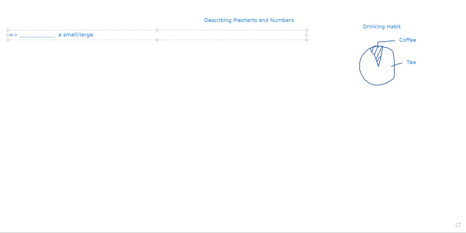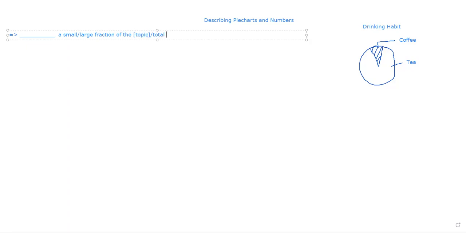It can be a small or it can be a large fraction. Then you can say of the, you can mention the topic here, or you can simply say of the total.